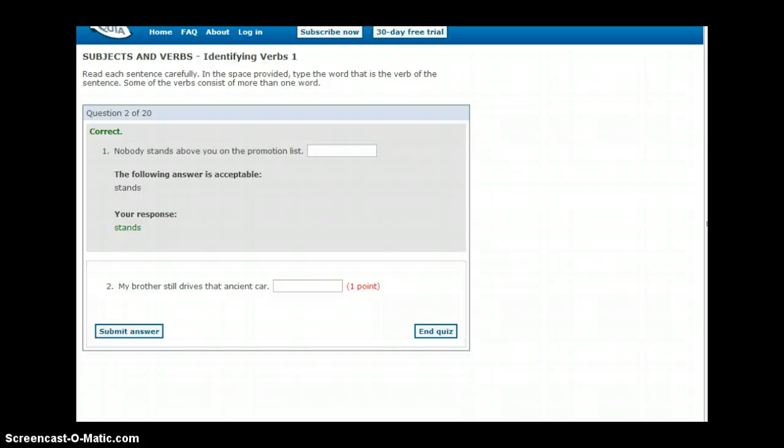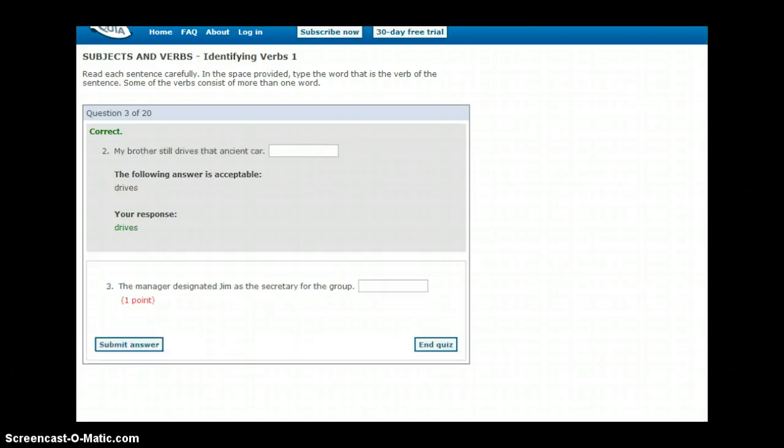My brother. What is the brother doing? Still driving. The manager designated Jim as the secretary for the group. Who or what is it about? The manager, and what is the manager doing? Designated.